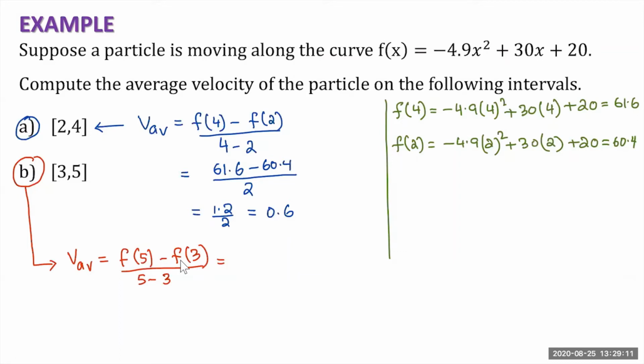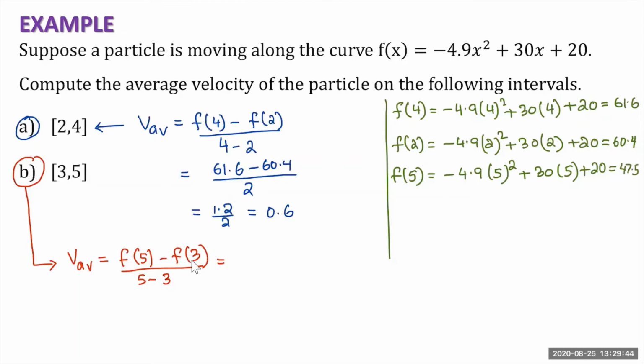So in order to find f of 5 and f of 3, we plug in here again. First, f of 5. You plug in 5 there. So negative 4.9 times 5 squared plus 30 times 5 plus 20. If we use our calculator to simplify that, I got 47.5.